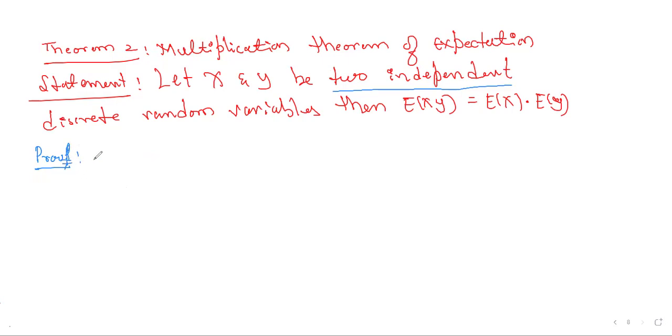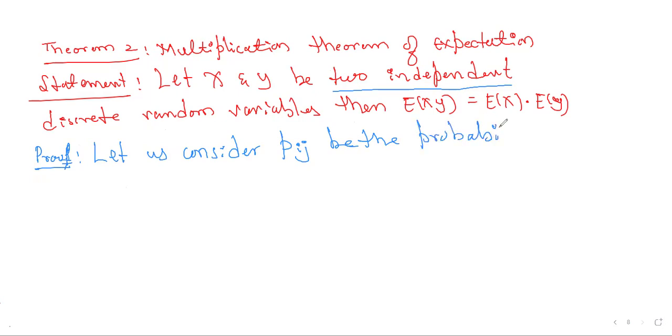Proof. Let us consider the format of the theorem. Proving the theorem is the same. Let Pij be the probability of x comma y for all i running from 1 to m and j running from 1 to n.